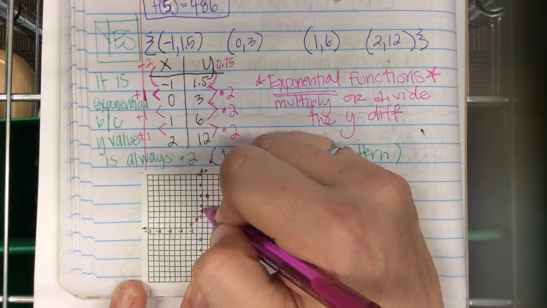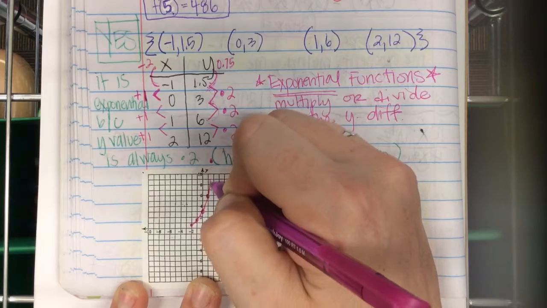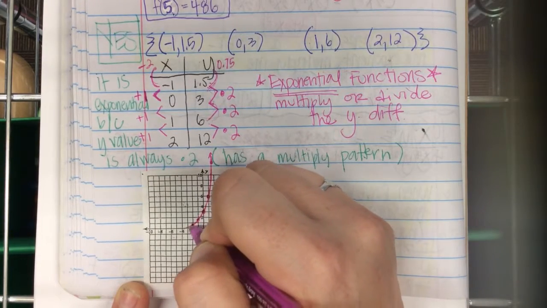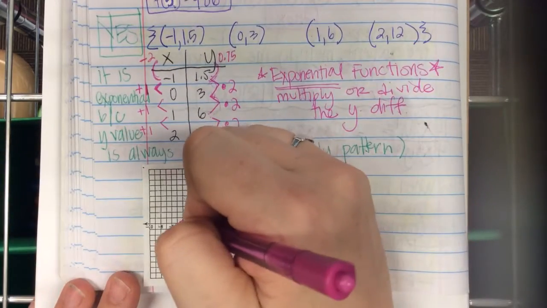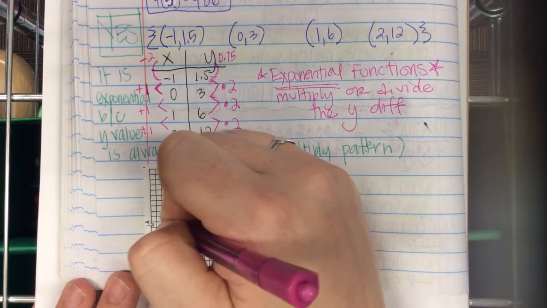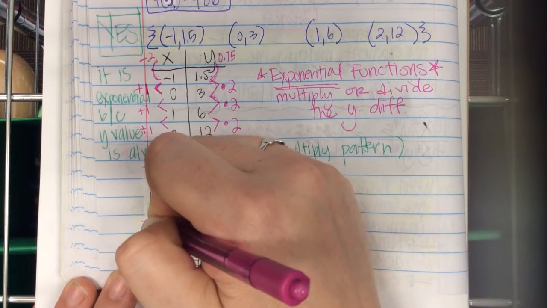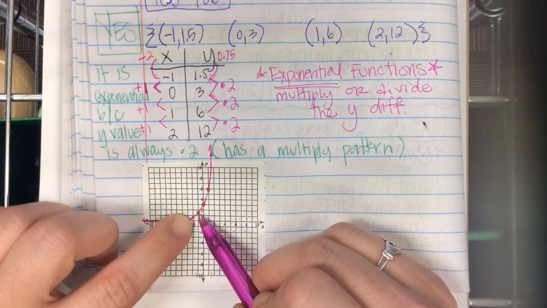So, exponential functions curve. Right? And if you look at that graph, your dots start out really close together.